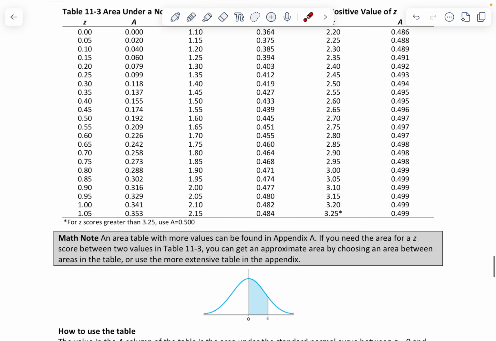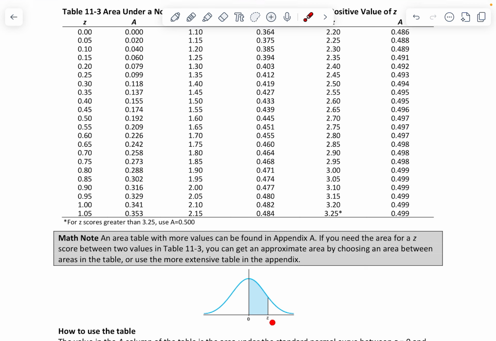You can look at this normal curve down here for reference, right? There's a generic shaded area there. The areas given are the area between the mean and the z-score, right? So this 0.316 area would be the area between the 0 and 0.9.